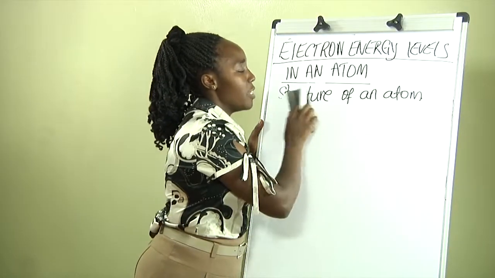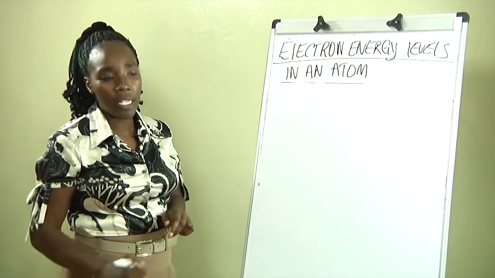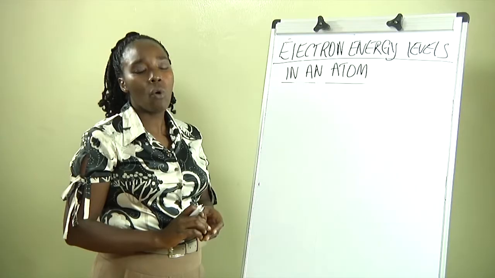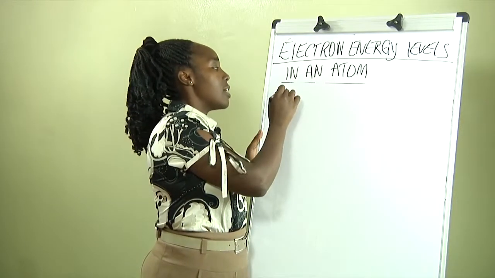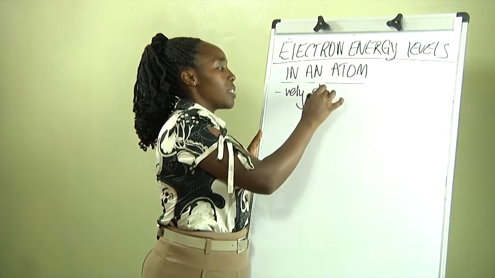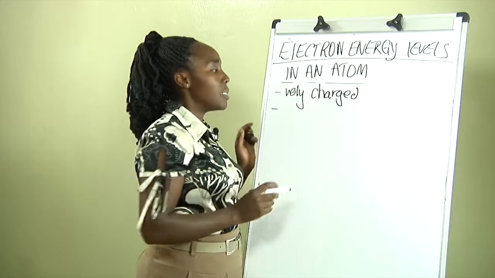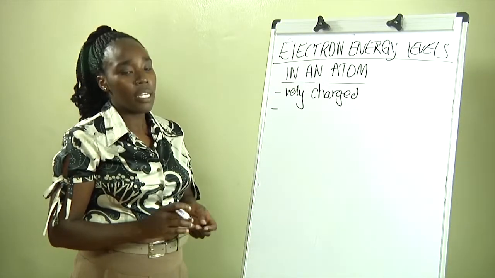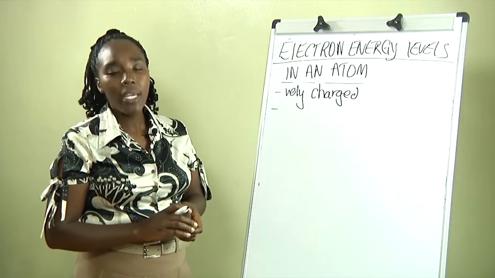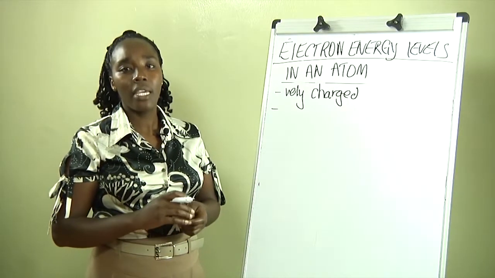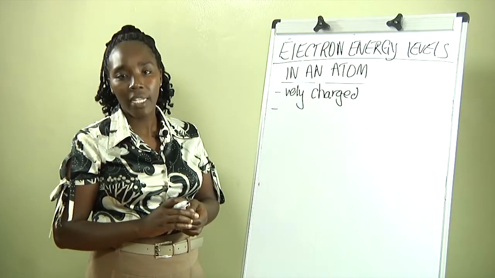Before we go further into the details of drawing the structure of an atom indicating the energy levels, I want to remind you of what an electron was. An electron was the negatively charged particle in an atom which had a mass of 1, and it was found on the shells. The electrons dictate the property of an element.